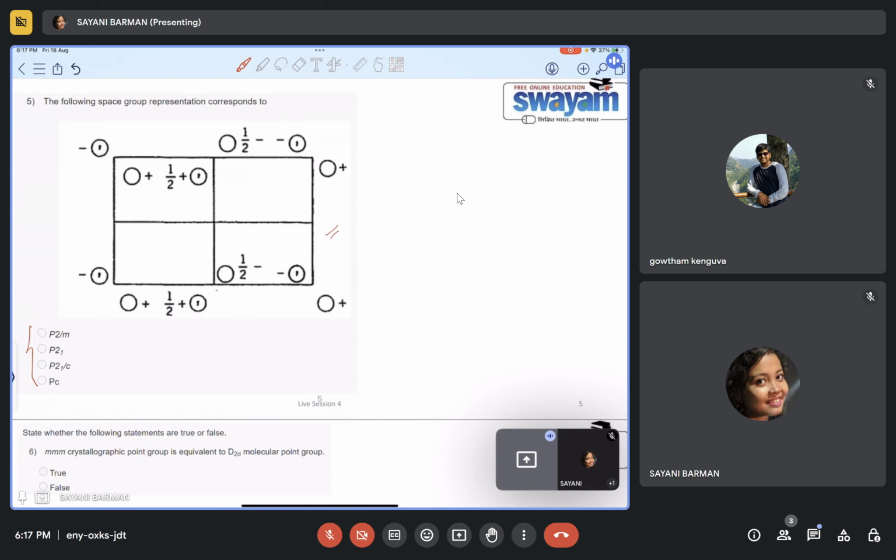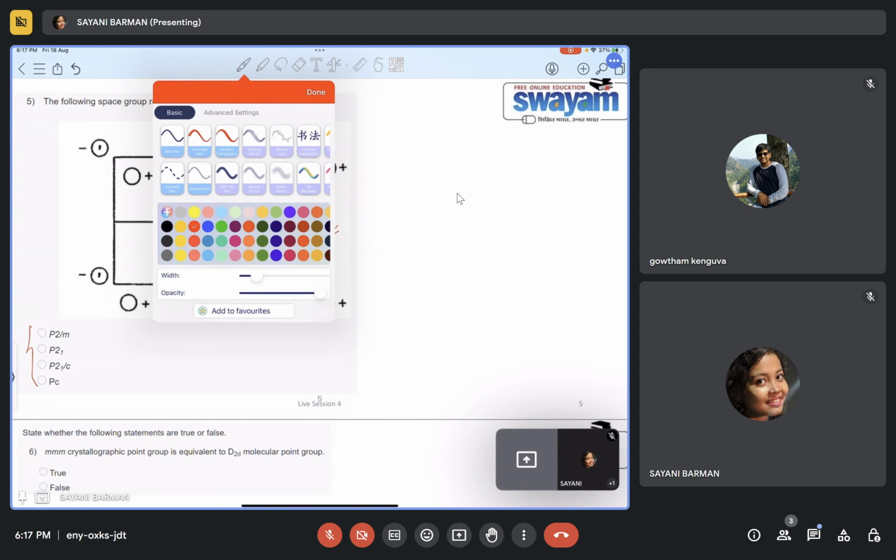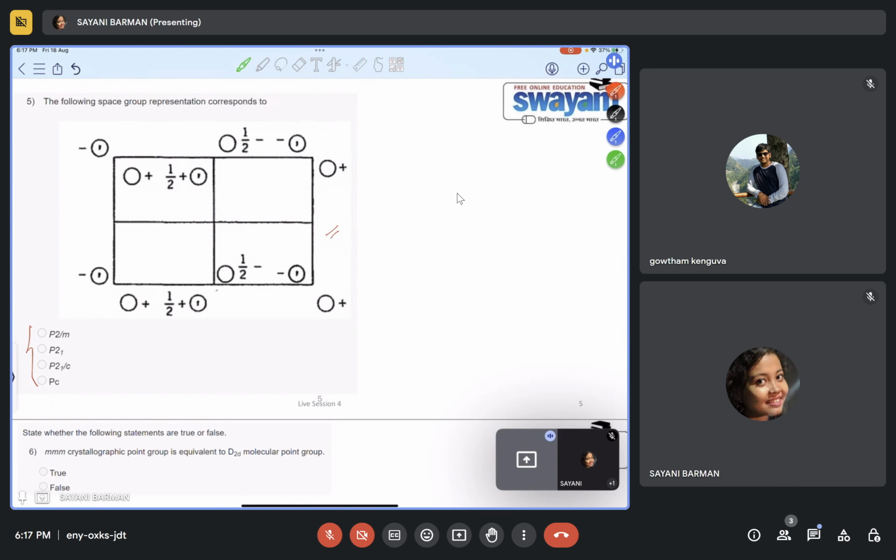before starting the derivation, we can just look into the structure and we can say, let's say, this is the first point, and we can see there is some inversion happening here, right? The plus sign becoming the minus. So some inversion is going on, right?